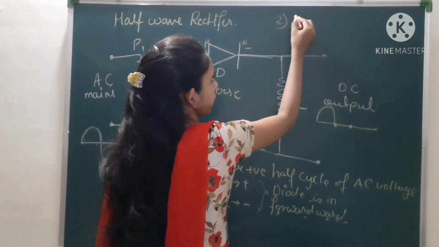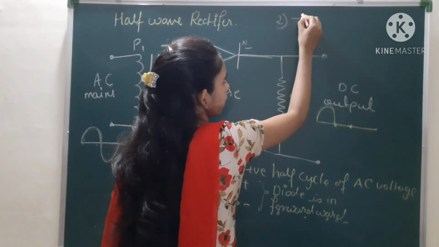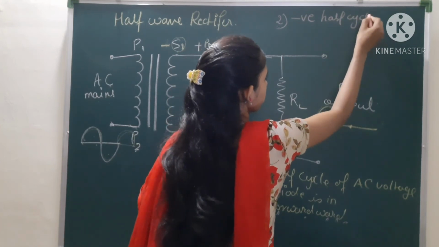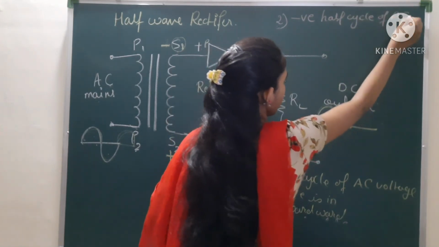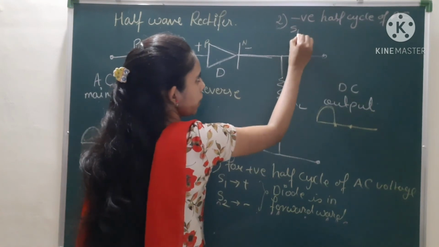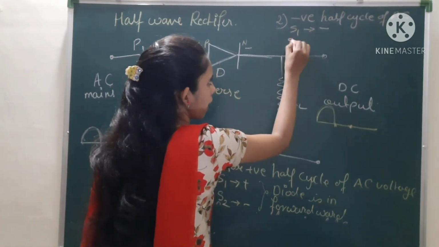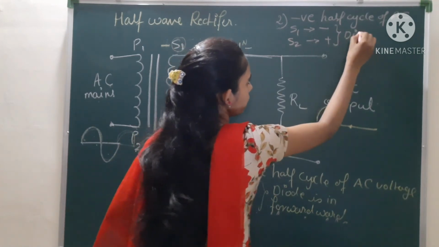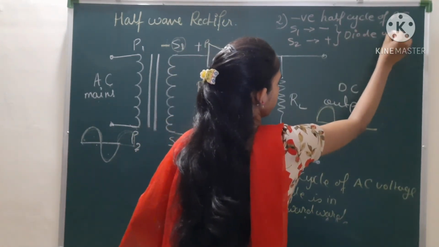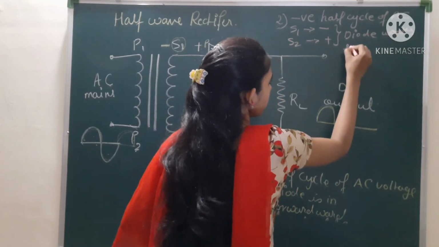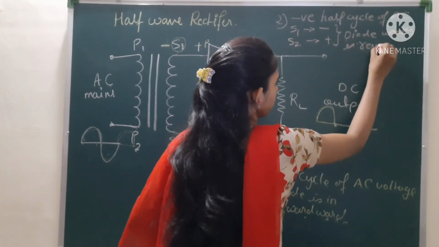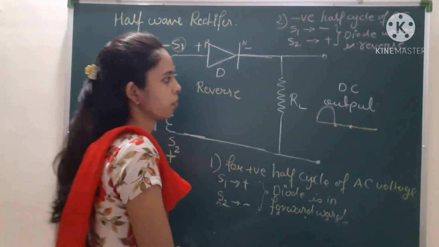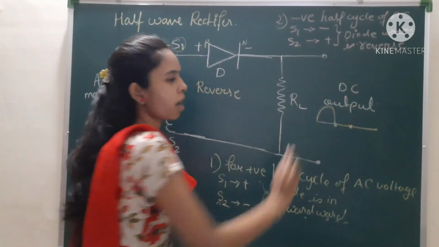For the negative half cycle of the AC voltage, S1 will become minus and S2 will become plus. Therefore the diode works in reverse bias mode, so there is no cycle formed at the output.